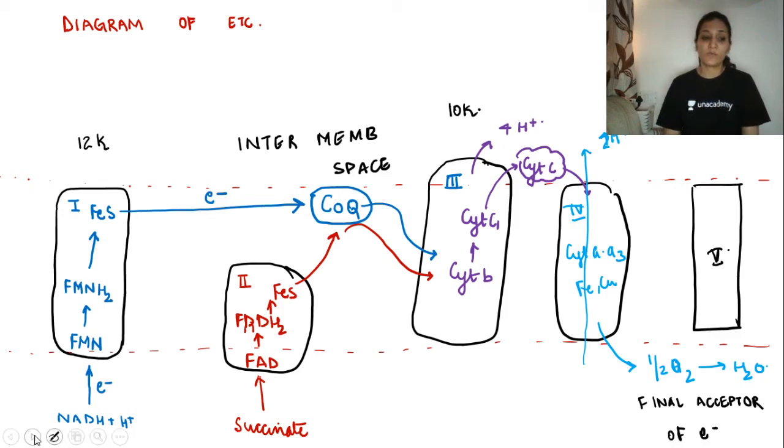Right, now we'll be doing the gist of the whole thing. So the gist: complex one is made up of NADH Q oxidoreductase.